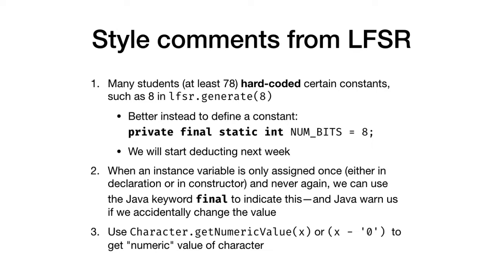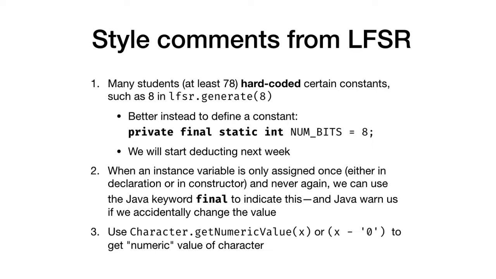It's not good and it's confusing because if somebody reads your code, they don't know if you pulled that number out of your hat or if it's something that has a significance. They don't know whether they can change it or not. So when you have a constant and you give it a name, you give an opportunity to document what that value is and explain how to change it or whether not to change it. So we will start deducting on this type of thing next week.